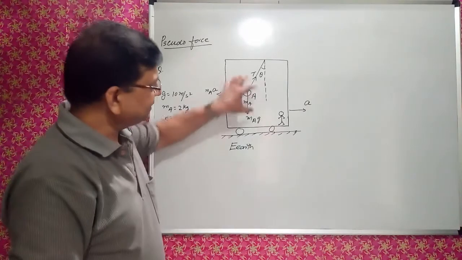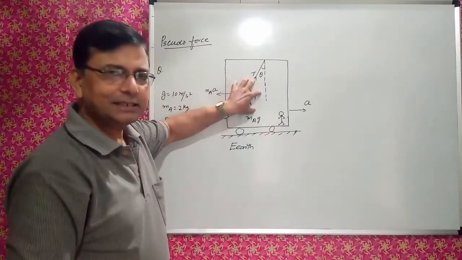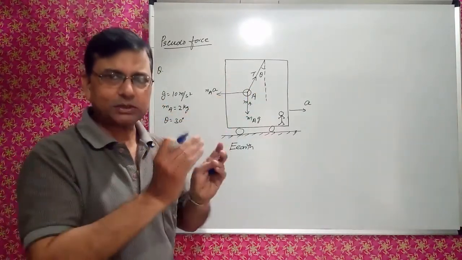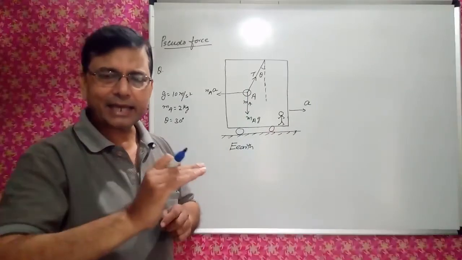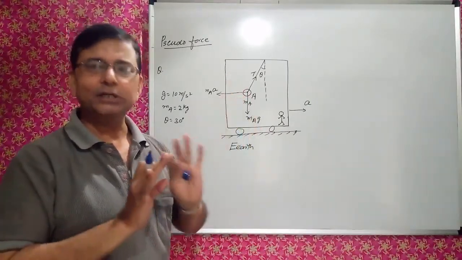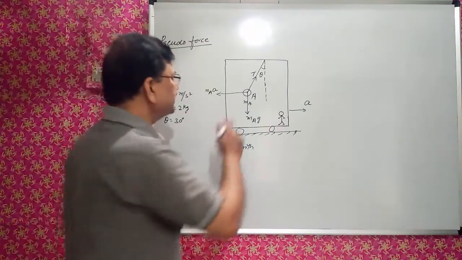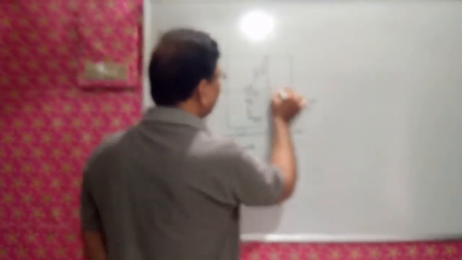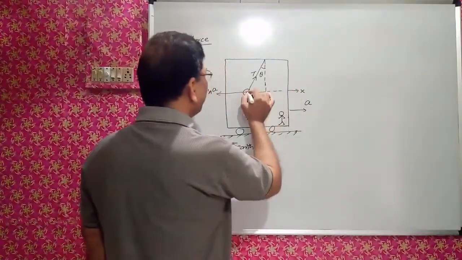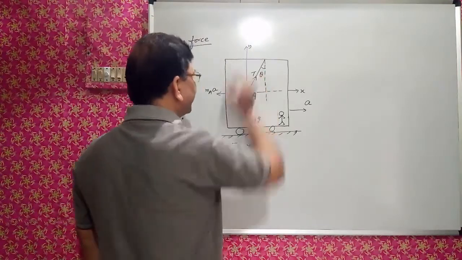Right? When this system is at rest, it means the net force acting in x direction as well as in y direction should be 0. So suppose we select this is x direction and this is y direction.